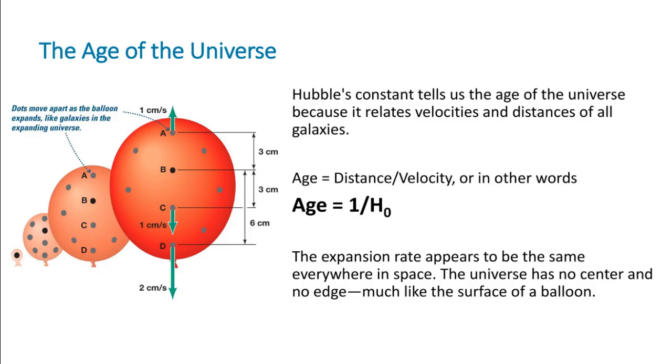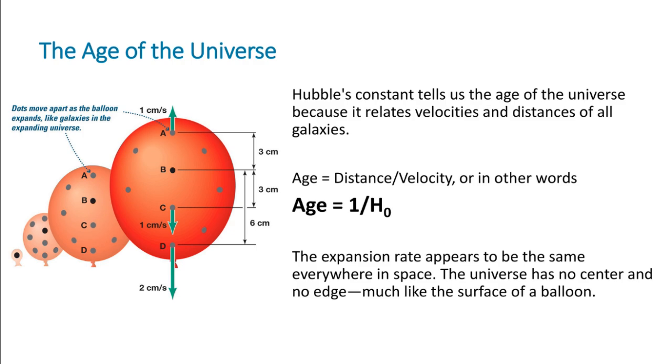And so what we're talking about is these galaxies themselves are not what are moving away from each other, but it's instead the space between them that is expanding. So if you think about drawing points on a balloon, as you blow the balloon up, those individual points are not moving along the surface of the balloon.